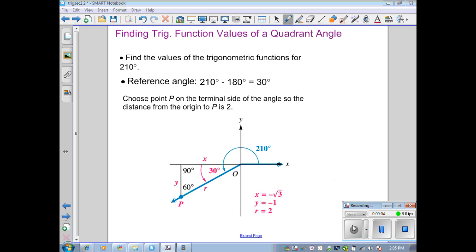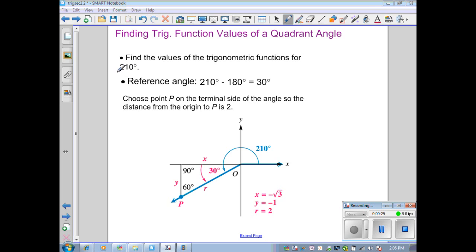Our next slide combines our previous section, which is quadrant angles, 30, 60, and 45 degrees, with our new lesson here, which are reference angles. So what they want to do is find the value of trig functions for 210 degrees. Our previous section was finding these values for either a 30, 60, or 45 degree angle.